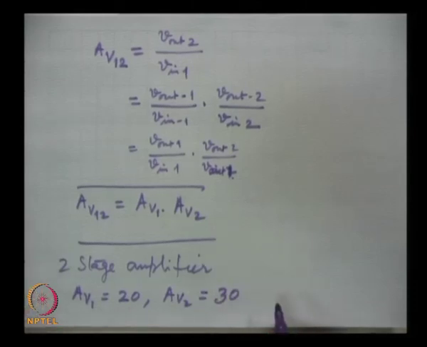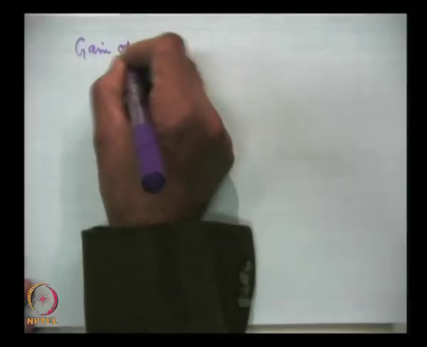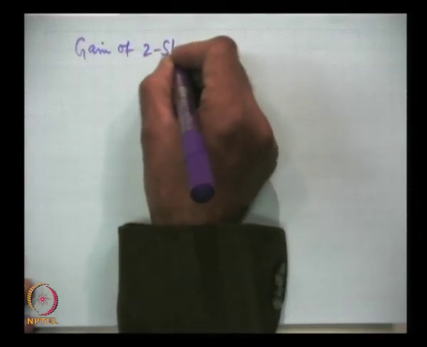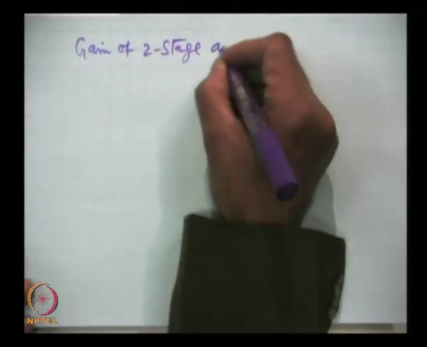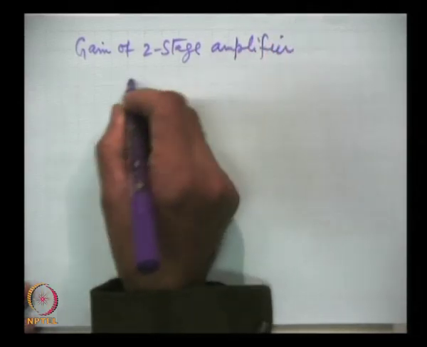They may be identical or they may be different. So, I have taken 20 and 30, then the gain of the two stage, that is multi-stage, amplifier is the product of the two.